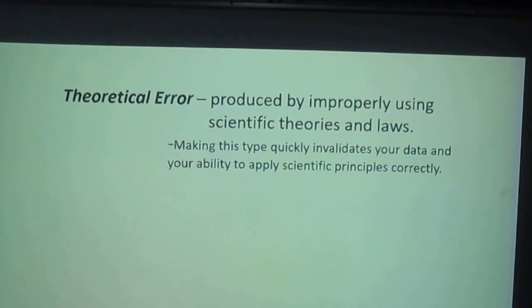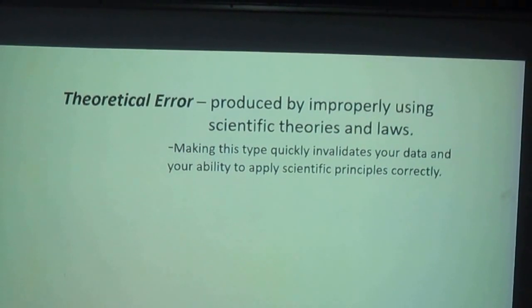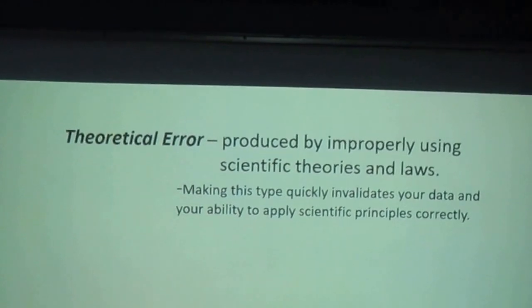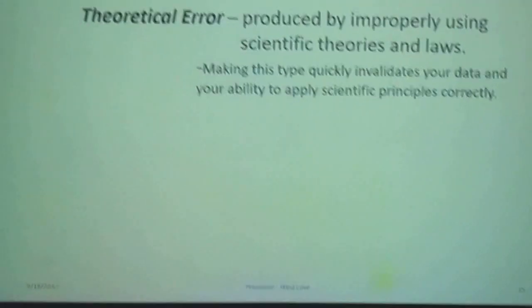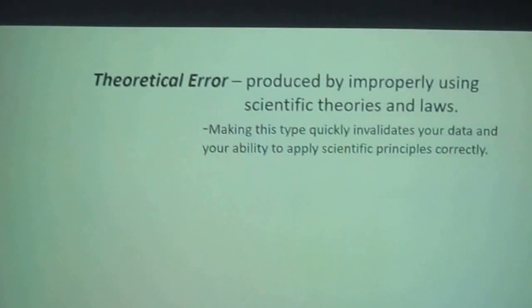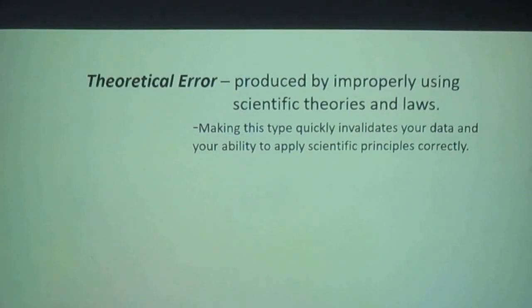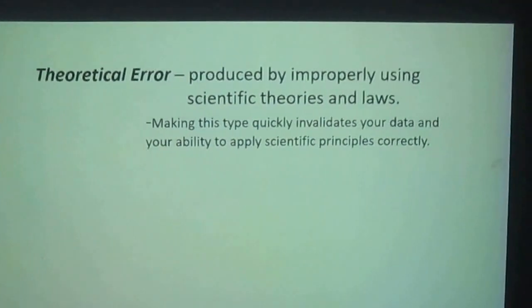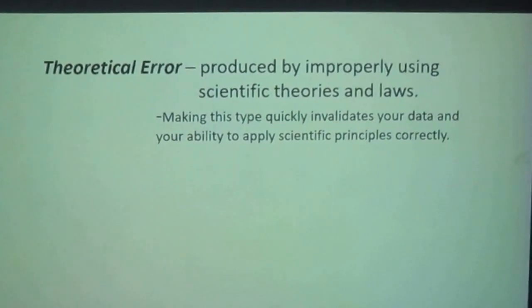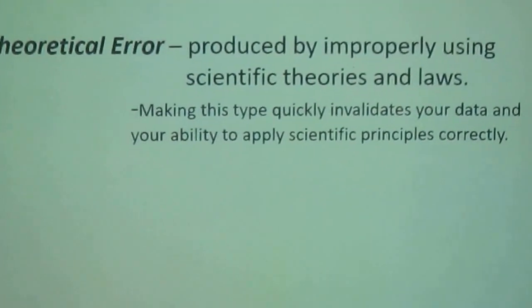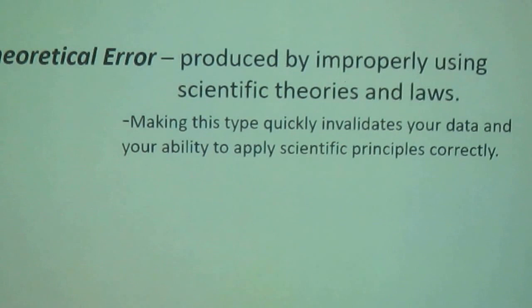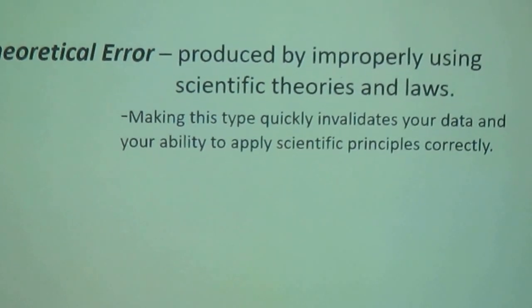The first type is systematic theoretical error. This is the one you don't want to make. This is where you use the principles of science incorrectly. I remember 10 or 15 years ago, some scientists at a university out in Colorado thought that they had a way of producing nuclear fusion like the sun without heat. It's called cold fusion. And they published, these two professors, this information.